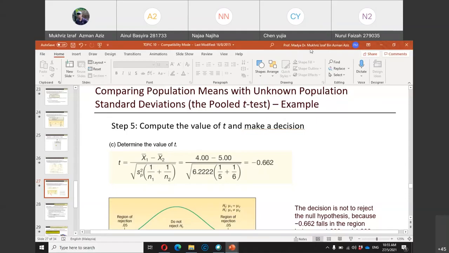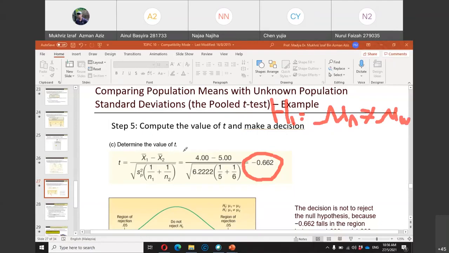If you look at this number, negative 0.662, you get it because you put Wallis minus Atkins. If another student were to put it the other way around, meaning in the H1 she put mu Atkins not equal to mu Wallis, then in the calculation it will be the other way around.